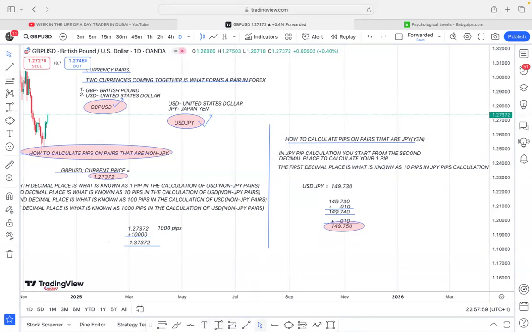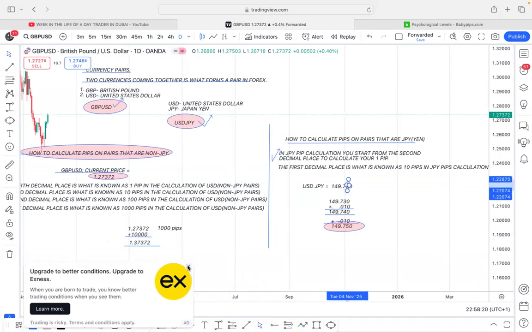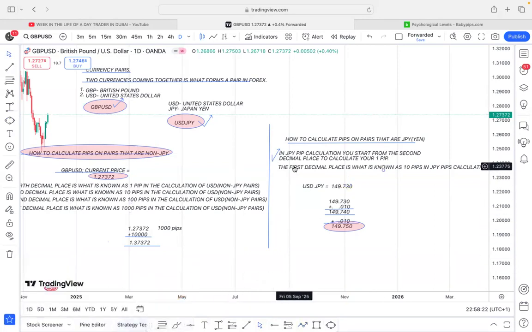So the first one is here. In JPY pip calculation, you start from the second place to count your pip. The second place, meaning these three right here. That's where you start to count your 1 pip from. Now the next one we have this, the first decimal place, what is known as your 10 pips. So your first decimal place is going to start from this 7.